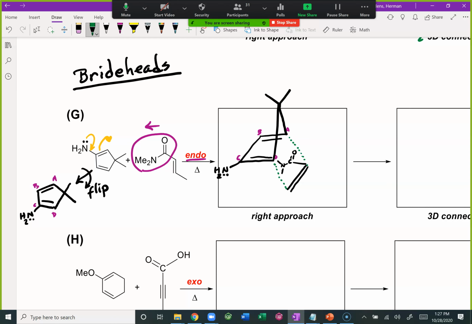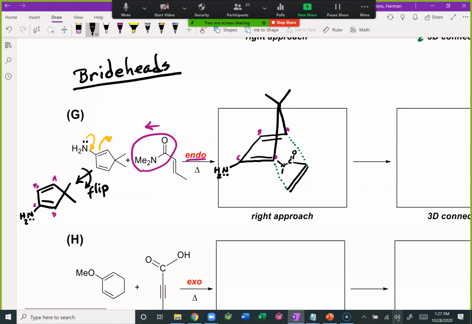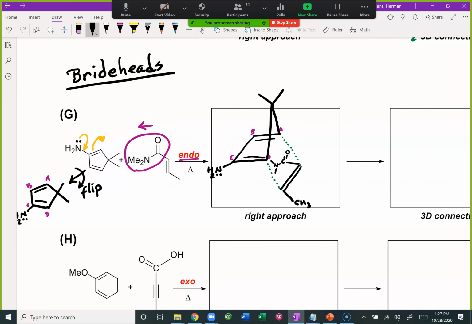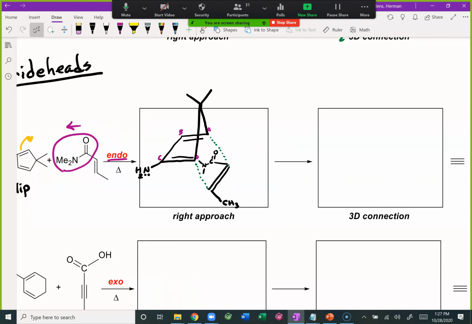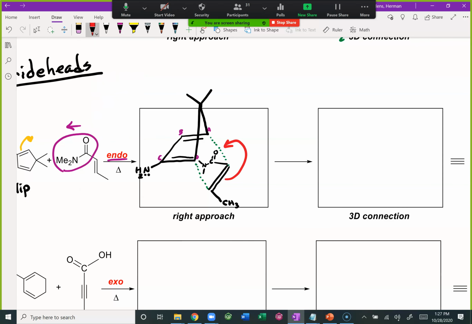Oh, I need 1 more methyl. Ben, where would that methyl go? To the right, to the left? To the right. Very good. Thank you. Excellent. So it's trans, so it stays trans. And then this double bond will make that sigma bond. This will make that, and that will make that.